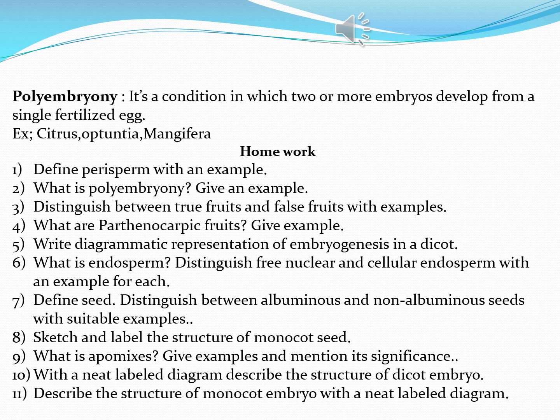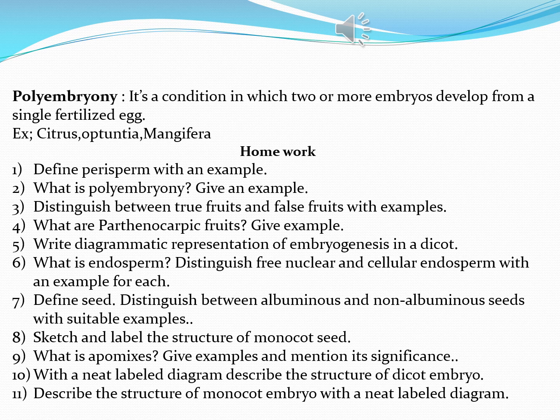We can find polyembryony in citrus, opuntia, and mango plants.